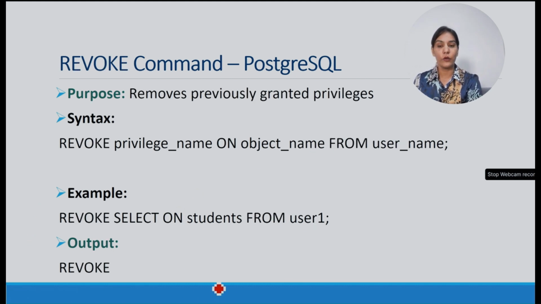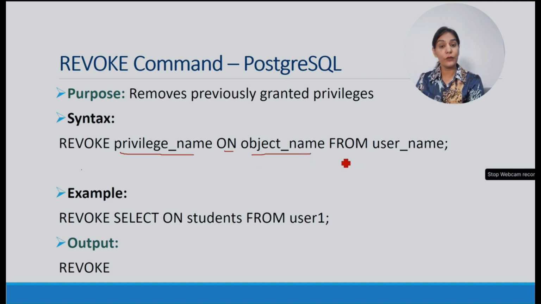Next, we will move to the revoke command. Now, someone left our company, or someone's role changed in the company. They moved to another project. We don't want that person to access the previous database or the previous project related data. So at that time, we can revoke the privileges. The syntax for this is REVOKE, then the privilege name, which privilege we want to restrict, then ON again your table name.